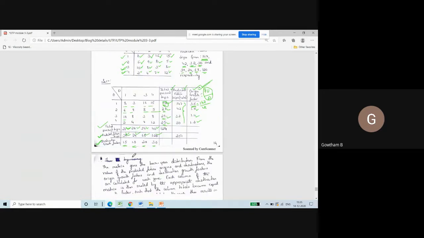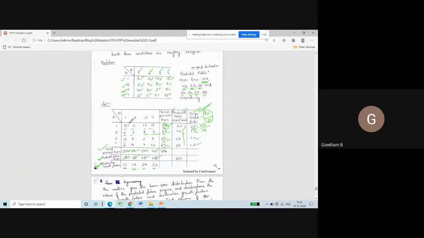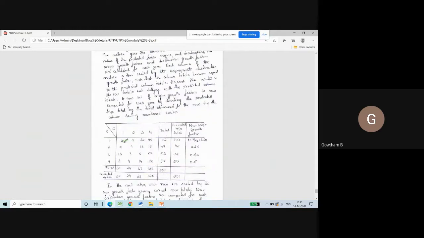Here, actually 12 is there, correct? How did we get this 12? 8 is the current trip interchange between zone 1 to 1. That means 8 trips are within the area only, multiplied by the destination growth factor, 1.5. How much is it? 12.